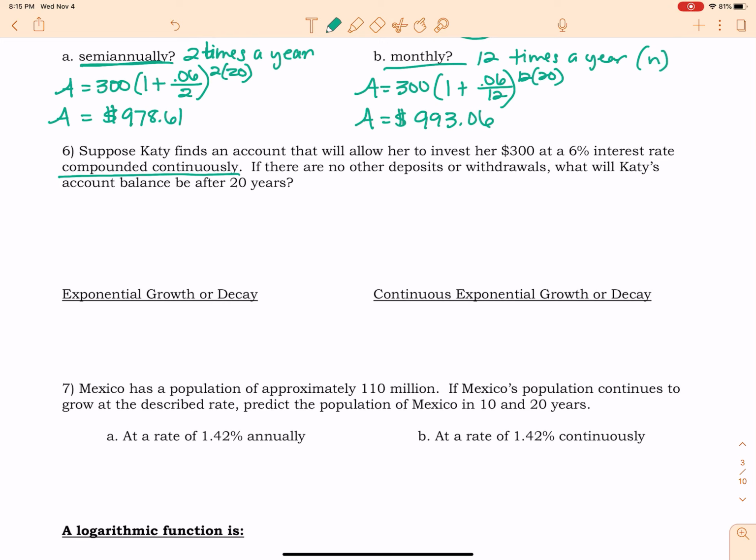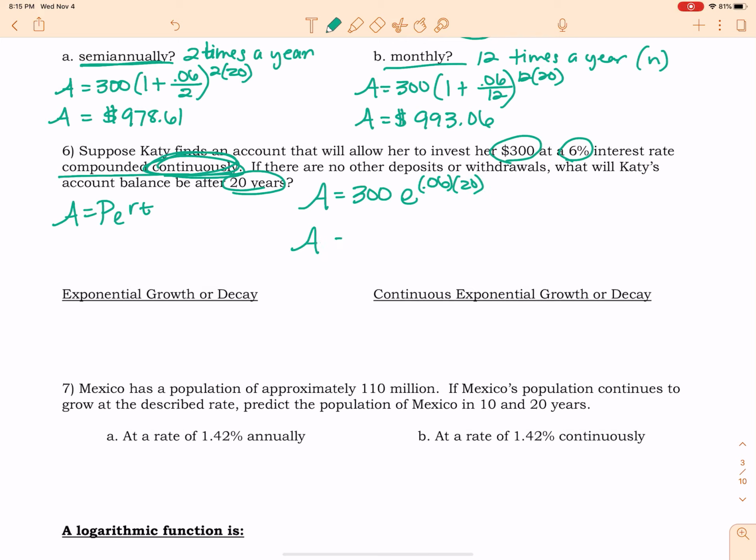All right, the next one we're going to do is number 6. Suppose Katie finds an account that will allow her to invest her $300 at 6% interest rate compounded continuously. That means we are going to use this formula right here. If there are no other deposits or withdrawals, what will Katie's account balance be after 20 years? So again, my principal is 300 times e to the 0.06 times 20.